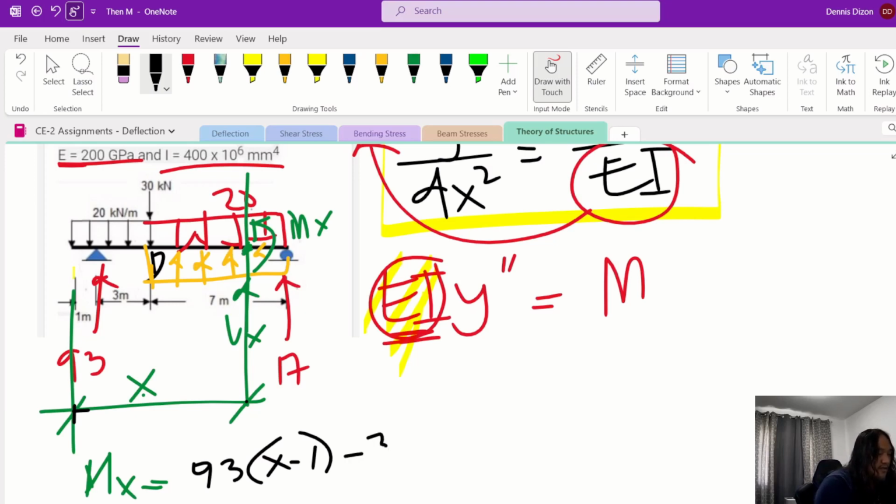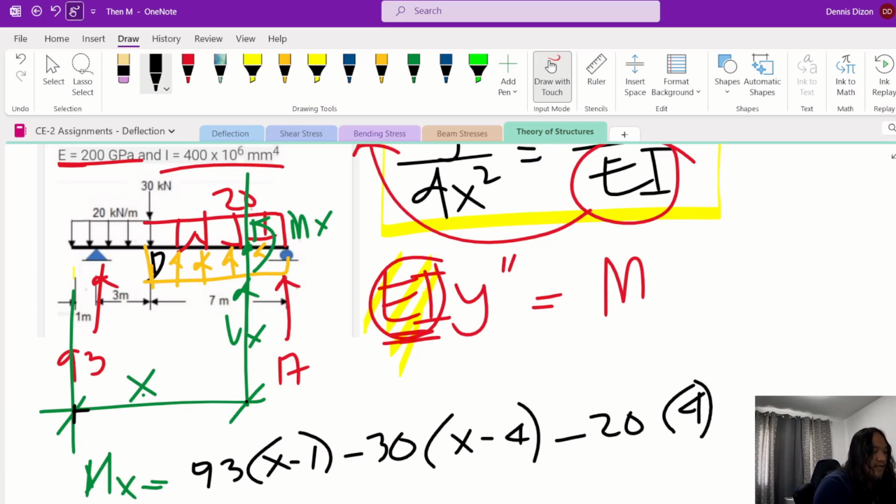So minus 30 times, again, x minus 4. And then your uniform load is minus 20 times your length is 4. And then your moment arm. Our resultant here is at the middle, which is 2. So therefore, this is x minus 2.